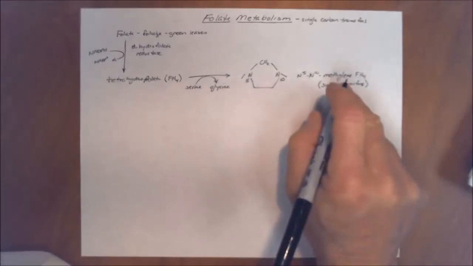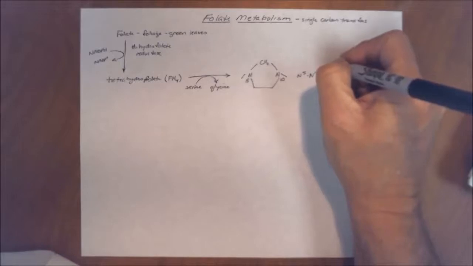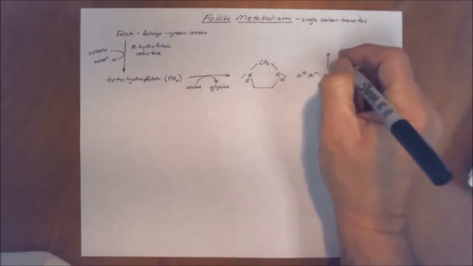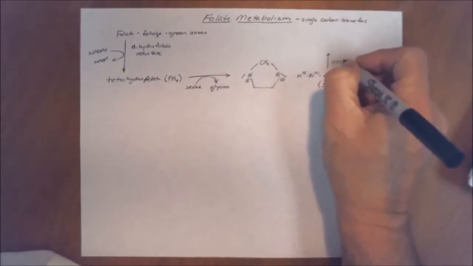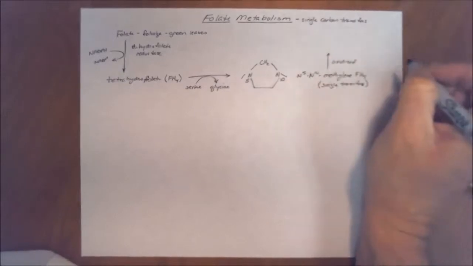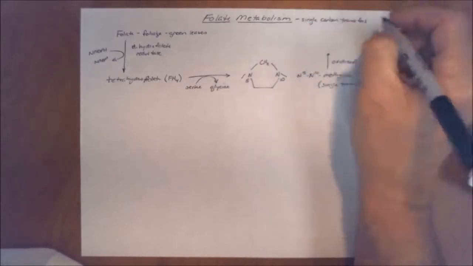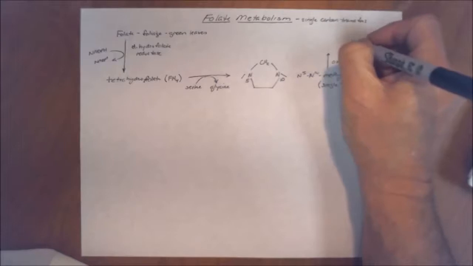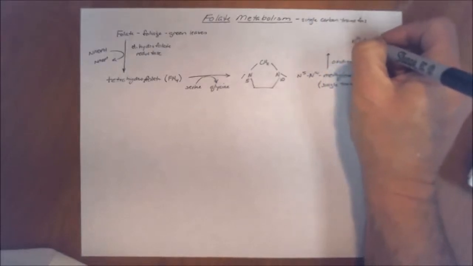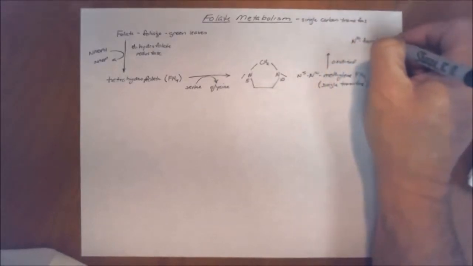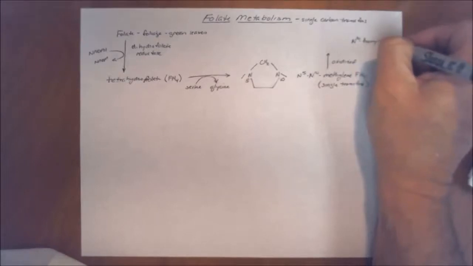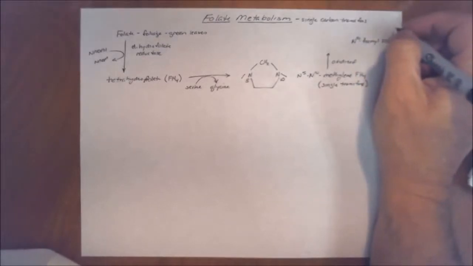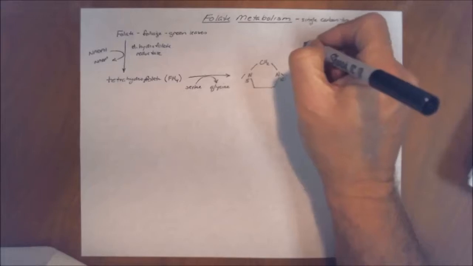This methylene can also be oxidized to form the N10 formyl tetrahydrofolate. This structure will look like this.